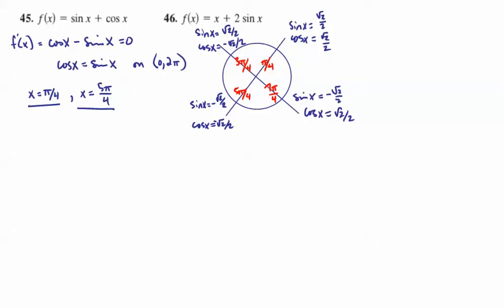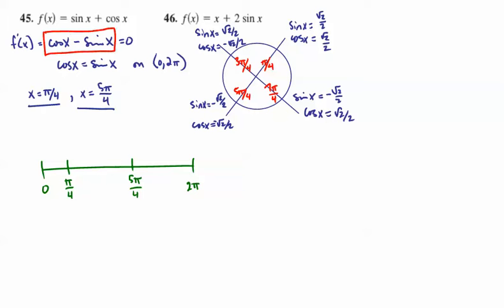We need to make our sign chart. Again, we only go from 0 to 2 pi, so pi over 4 and 5 pi over 4. Okay, and our derivative is cosine of x minus sine of x.